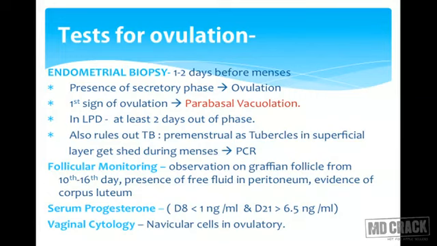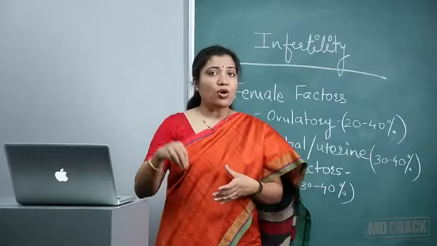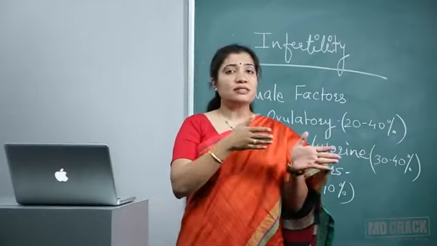Am I very clear? That looking at the histopathology of the endometrium, which we have obtained on endometrial curettage or endometrial biopsy, we can guess, or the report can tell us which day of menstrual cycle that woman is in.